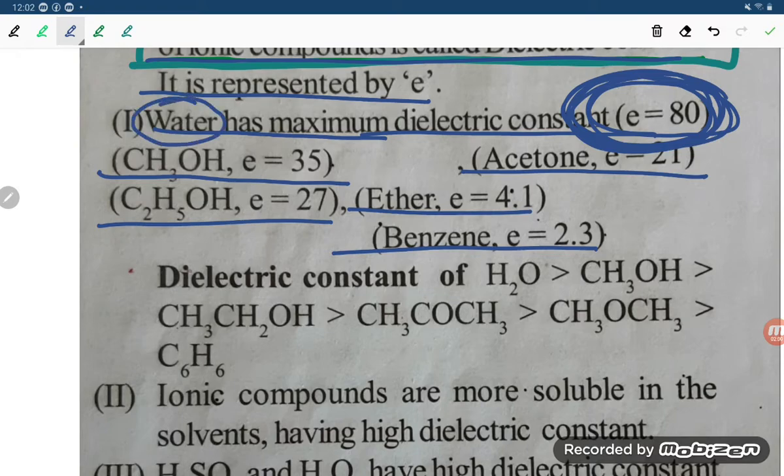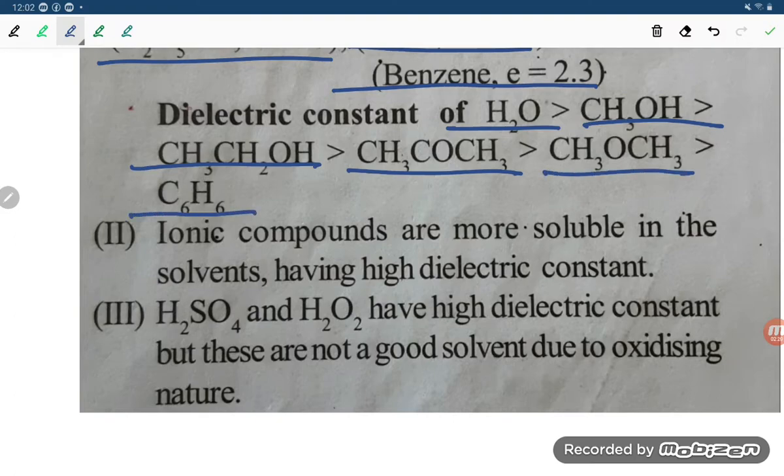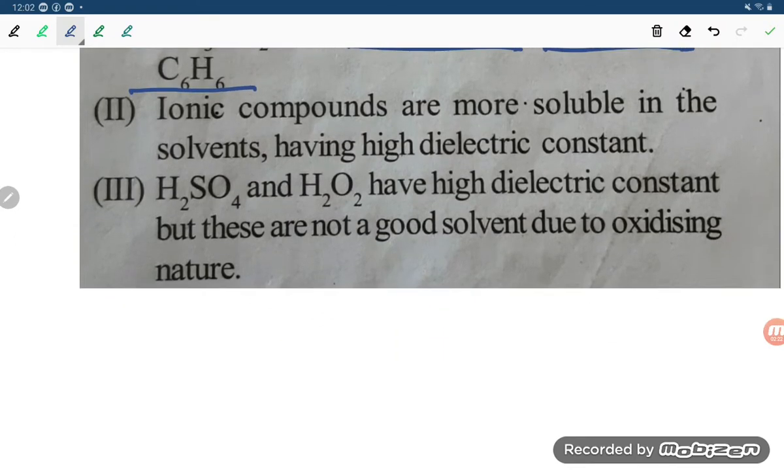This is why water is known as the universal solvent. Why? Because it has a high dielectric constant and it dissolves the maximum amount of solute. Now the order of dielectric constant: water, methyl alcohol, ethyl alcohol, acetone, ether and benzene. This is the order of dielectric constant.